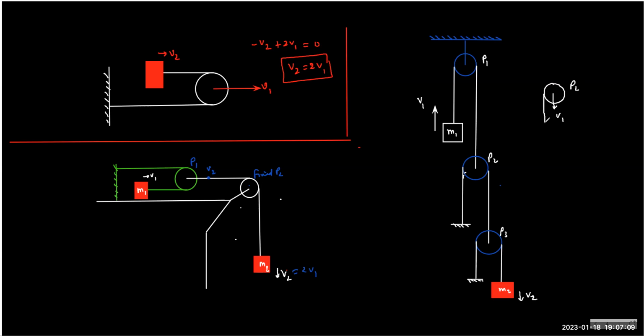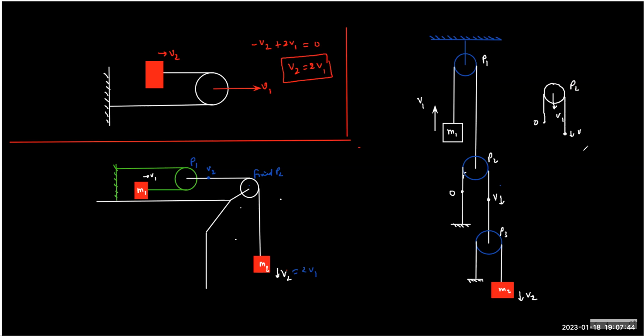We have two ends, 1 and 2. This end is moving with 0 velocity. This end will move down with some velocity, let's call it V. What is the relationship between V, V1 and 0? I have no idea how this moves, so I'm assuming this end will move with V. This end can't move because it is fixed to some surface, so this is 0. And P2 is going down with V1, that we know.